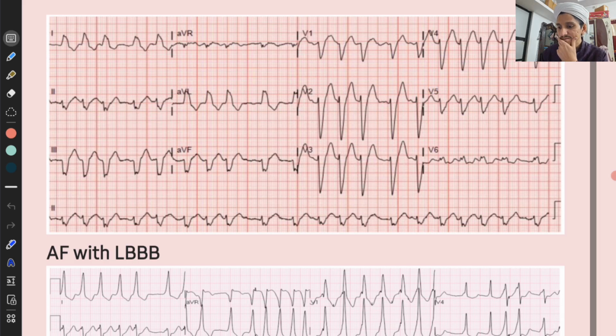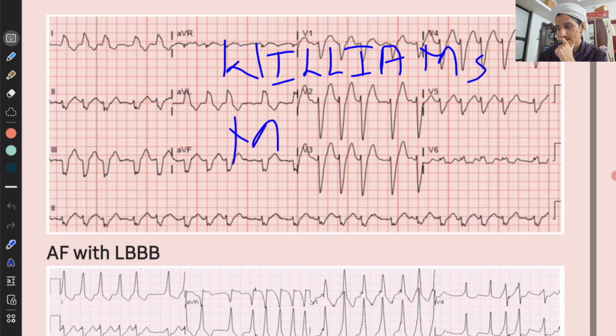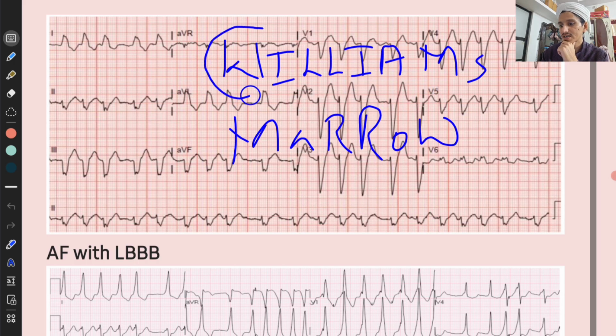For LBBB and RBBB, remember one mnemonic I am giving: Williams and Marrow. This is V1, this is V6, and this is LBBB.